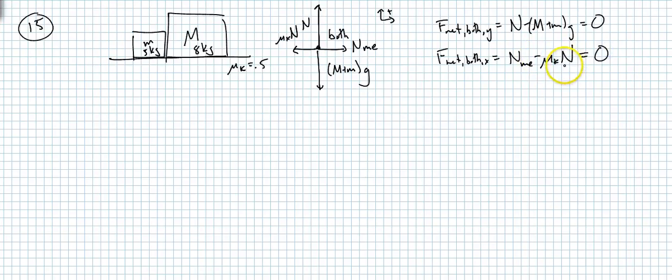Notice that this normal force here is the normal force between the surfaces, so that's the first n. That's not the normal force that I'm exerting. So this is the normal force I'm exerting, and the friction force cares about the other one, the one that's perpendicular to it. So I'm trying to find the normal force that I exert. So the normal force of me is mu sub k times n, and as you can see, n is (m plus M)g.